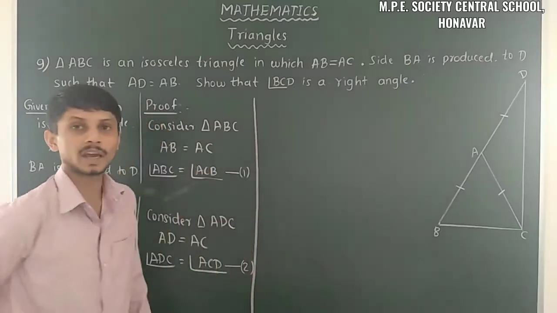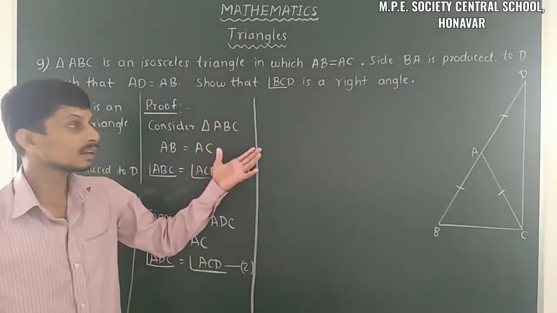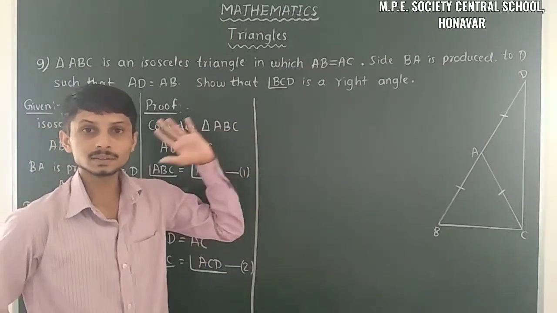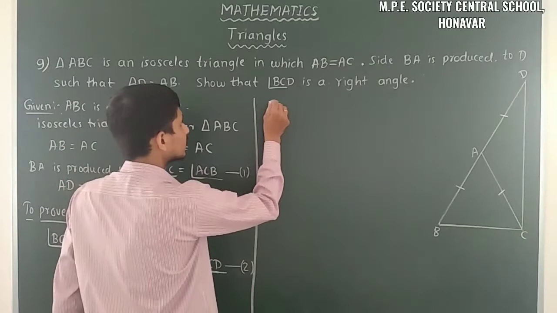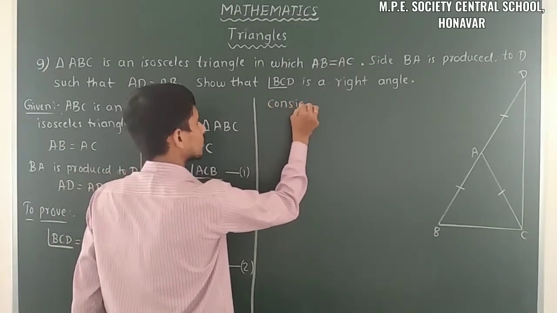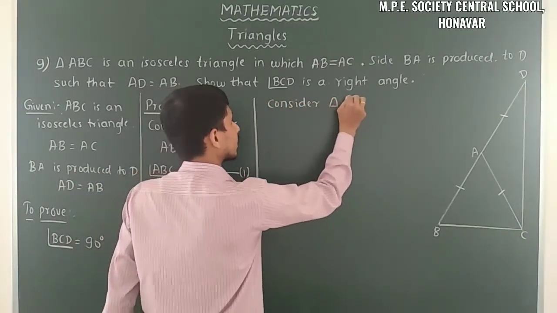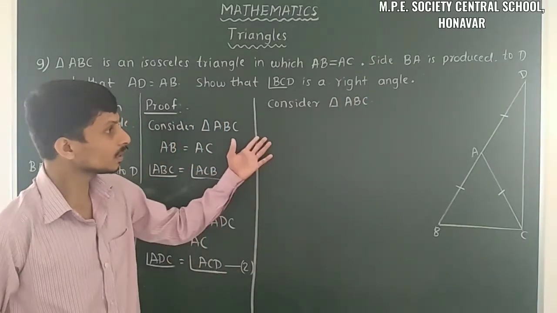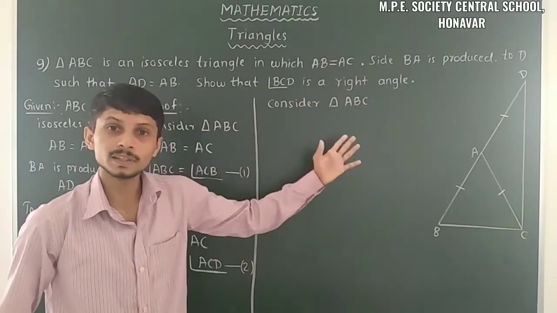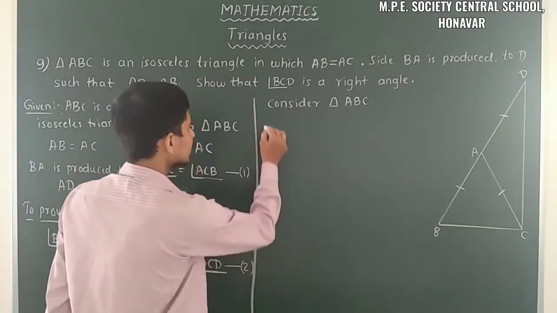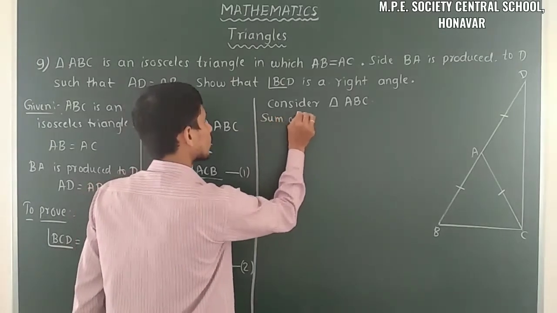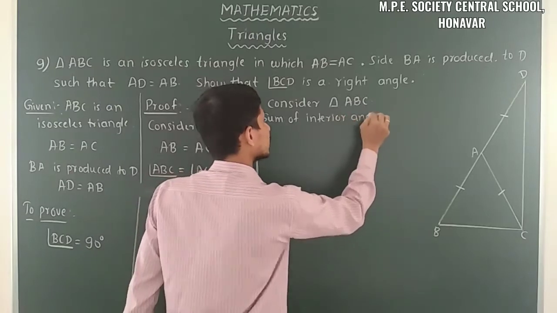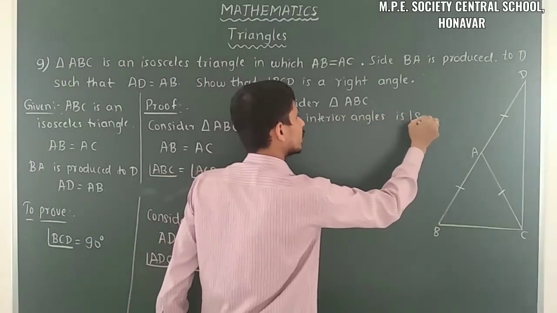These two equalities we have. Then consider triangle ABC. In that, the sum of interior angles of a triangle is 180 degrees. So the sum of interior angles is 180 degrees.